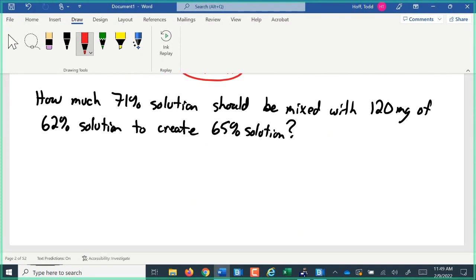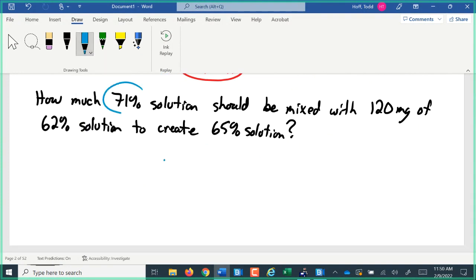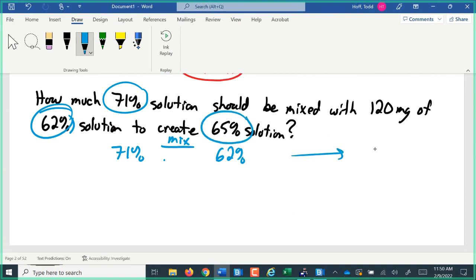So when we look at this, we need to identify what it is we are mixing. We are mixing a 71% solution with a 62% solution. We're trying to get, we want a 65% solution.